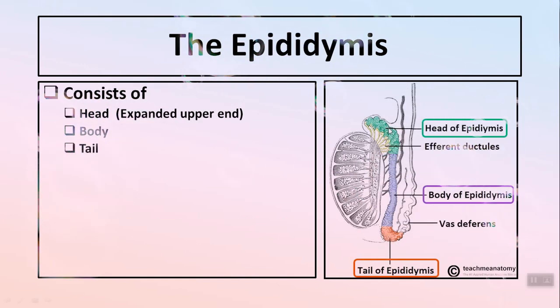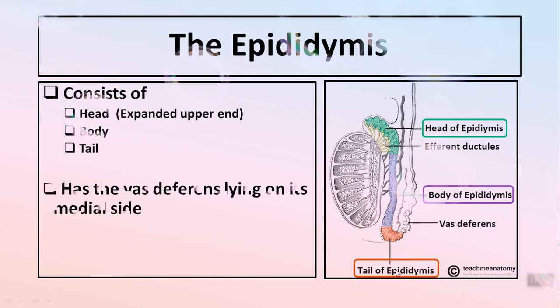The epididymis consists of a head, which is the expanded upper end, a body, and a pointed tail. From the lower end of the tail, we have the emergence of the vas deferens. This is the vas deferens emerging from the tail of the epididymis, and it lies on the medial side of the epididymis.